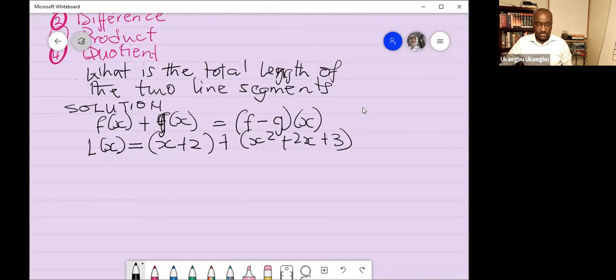Okay, so in that case, if you open up the parentheses and collect like terms, what are we going to get? I need a volunteer, please. Open the parentheses and collect like terms.